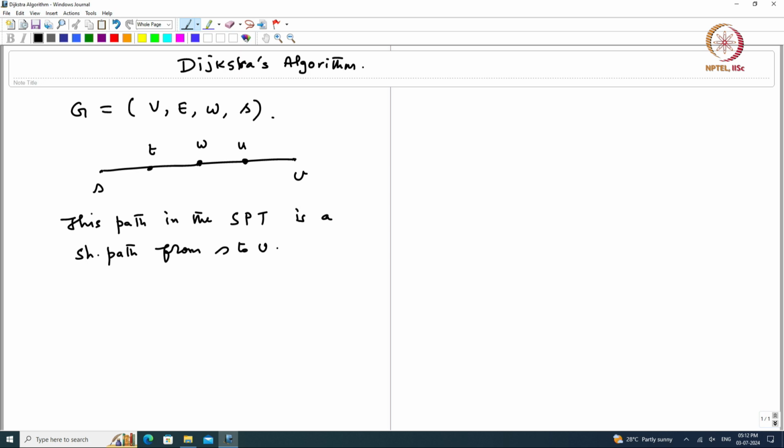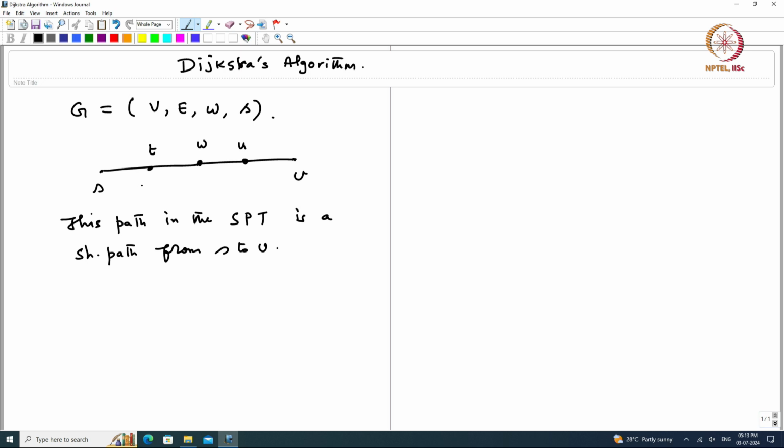the shortest path from S to V contains the shortest path from S to U. Therefore, if we plan to identify the vertices for which the shortest path is to be determined in the increasing order of their delta values, okay, then we see that there is a natural way in which we can proceed.